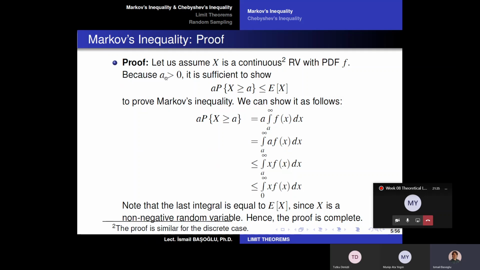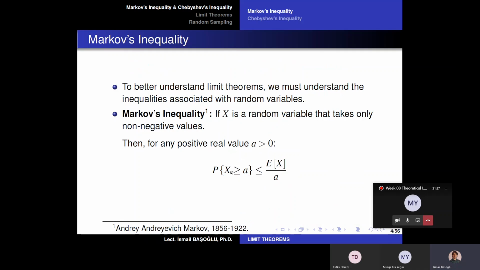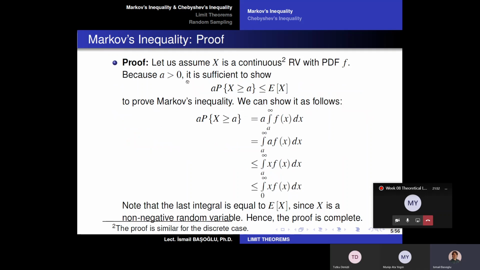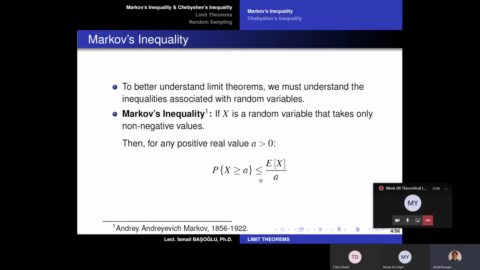And you know, if x is a non-negative random variable, then the a value here should also be positive. Otherwise, if a is negative, x is always taking non-negative values, so that probability is equal to 1.